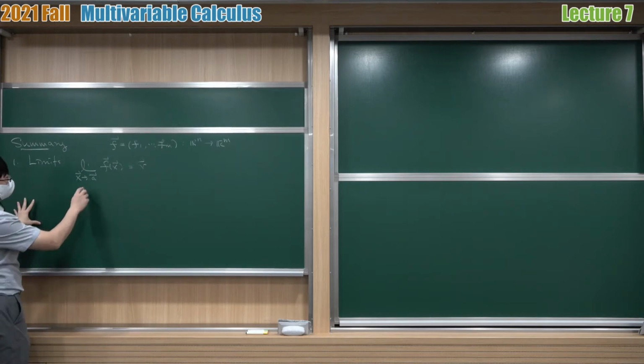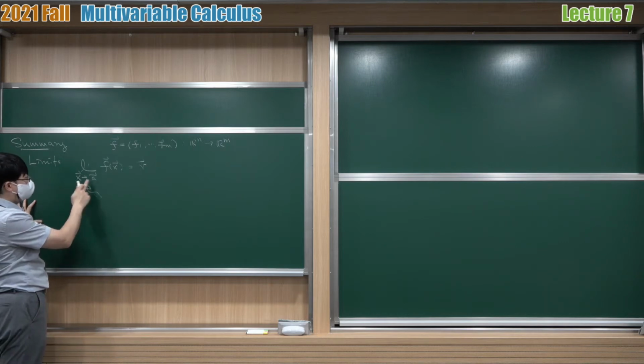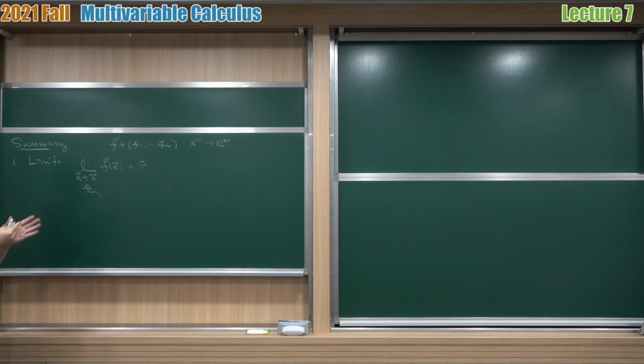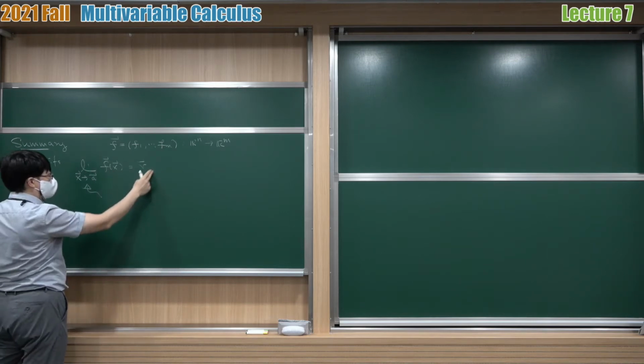But let me emphasize again that this approach of x to a is not only along a straight line, but it means that in any direction or in any path, the limit of the function must equal v.